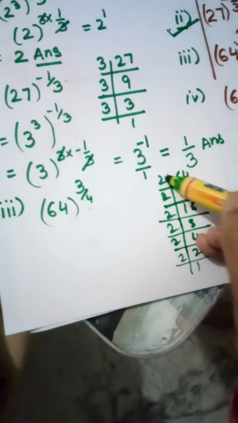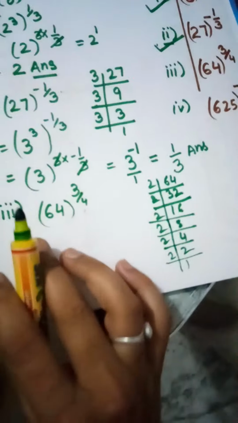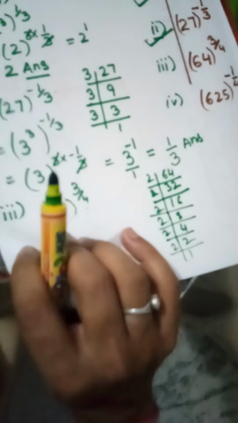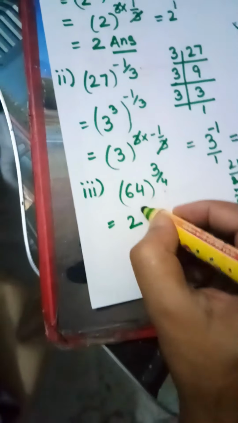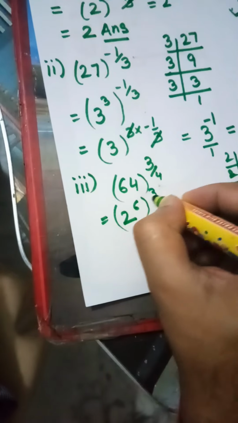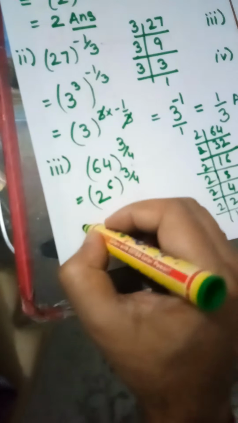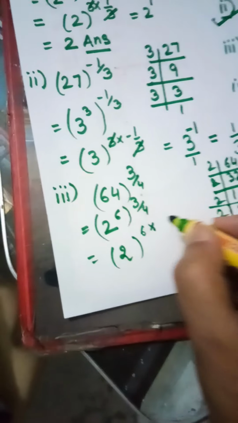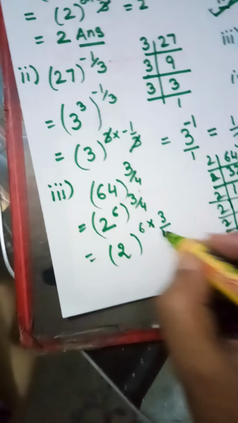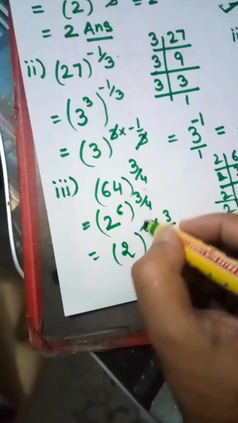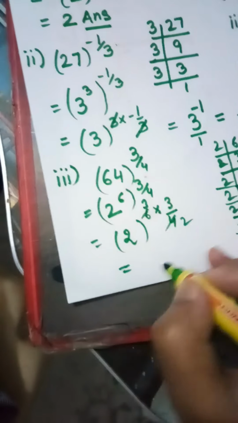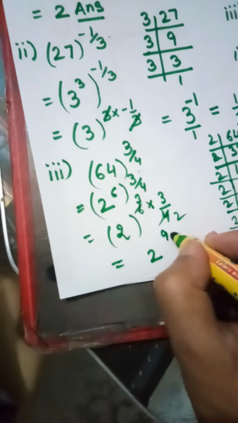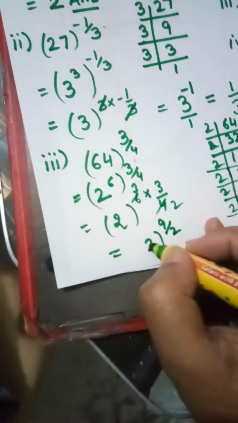So how many powers? 1, 2, 3, 4, 5, 6. So we have obtained 64 as 2 raised to power 6, and outside is 3 upon 4. So you will get 2 raised to power 6 into 3 upon 4. Is there any cutting? Yes, 2 fours are 8, 2 threes are 6. So you got it as 2 raised to power 9 upon 2.